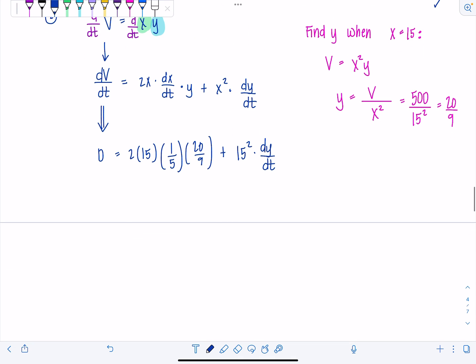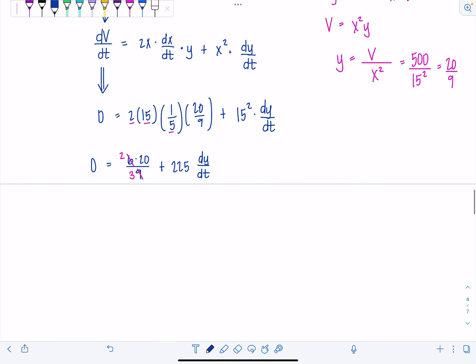Okay, so this is going to be 0 equals, what is this? 30 divided by 5 is 6. So we've got 6 times 20 over 9 plus 225 dy/dt. Subtracting over, let's see, 6 times 20 over 9, that's going to reduce, right? This is 2, this is a 3.